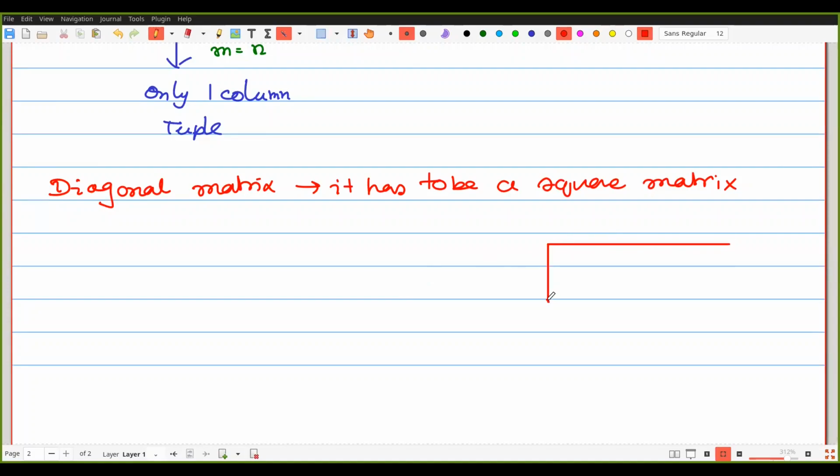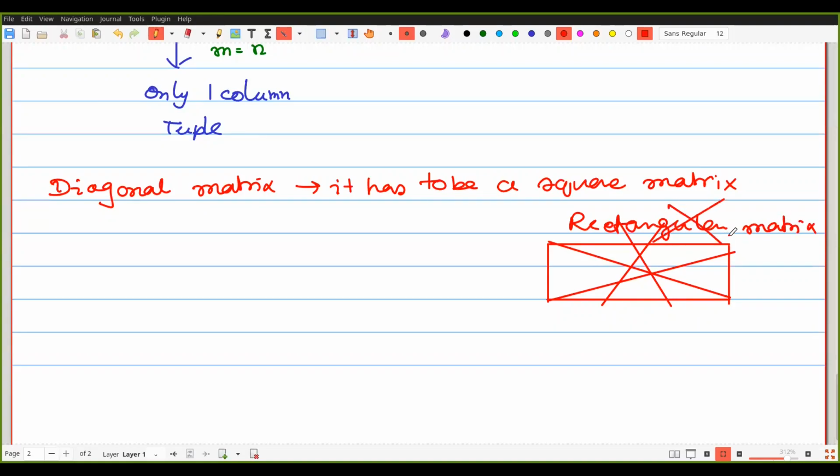When we are proceeding with any rectangle, from the corner points to the opposite corner points, those are originally the diagonals. But in the case of a rectangular matrix, no diagonals are considered. So that is not the case for a rectangular matrix.